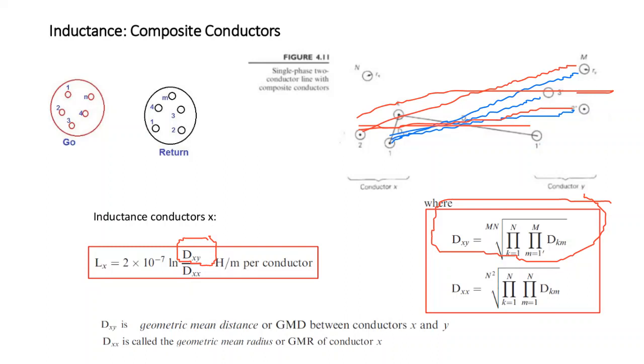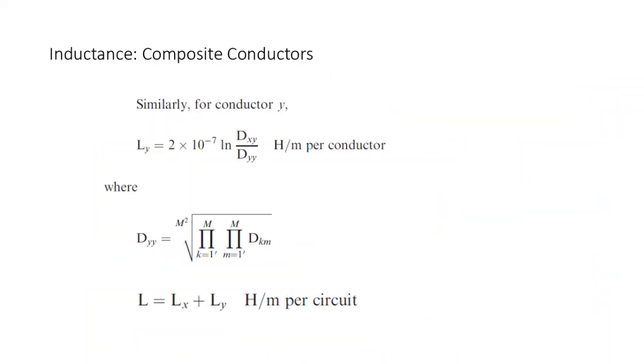So this is what we call geometric mean distance, GMD for short, and GMR is the geometric mean radius, dxx, that is for conductor X. For conductor Y, dxy is the geometric mean distance between conductor to conductor, and dYy is the geometric mean radius of conductor Y.